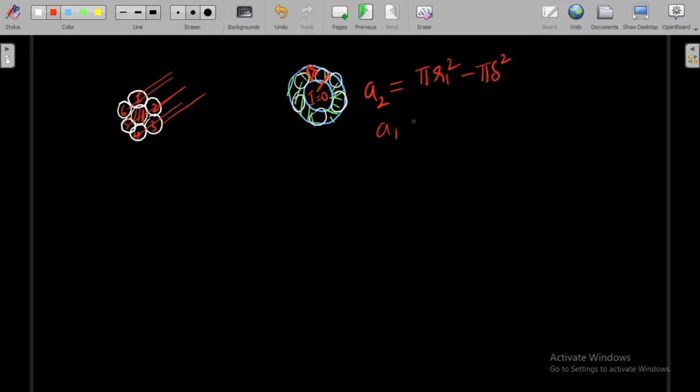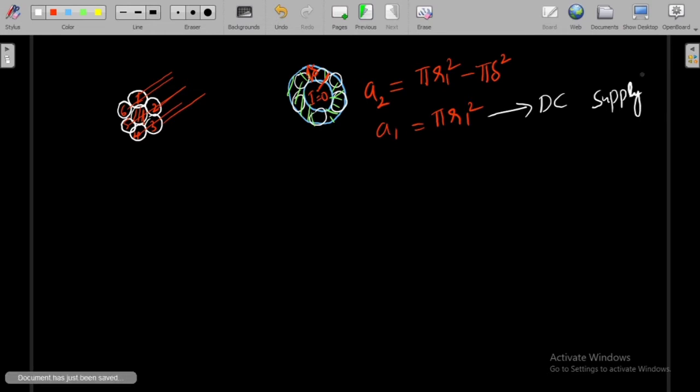Now what is A1? A1 is pi R1 square. So this is the area through which the current is flowing when we subject the transmission line to the DC supply. When we excite the transmission line with AC supply, the effective area is now pi R1 square minus pi delta square.